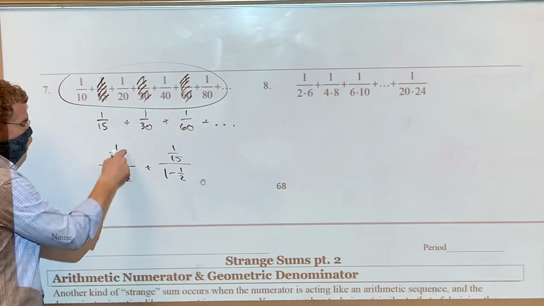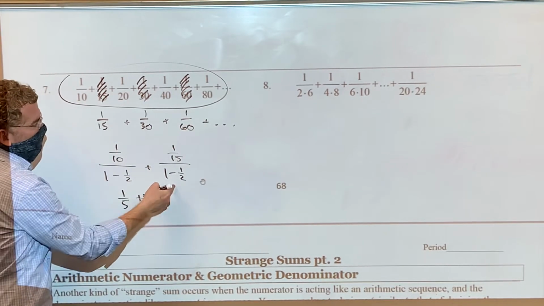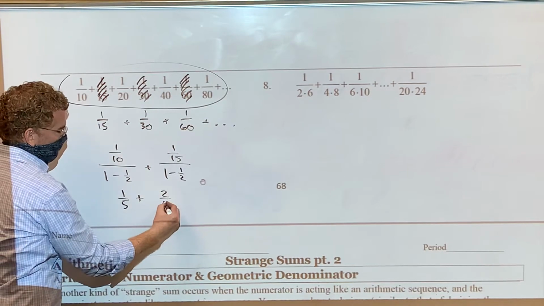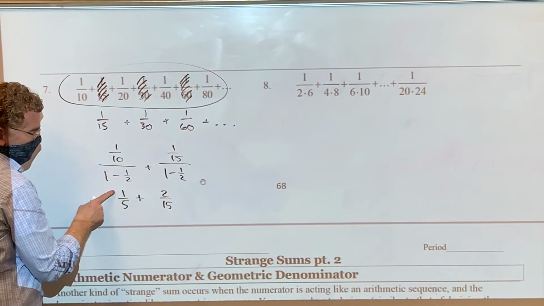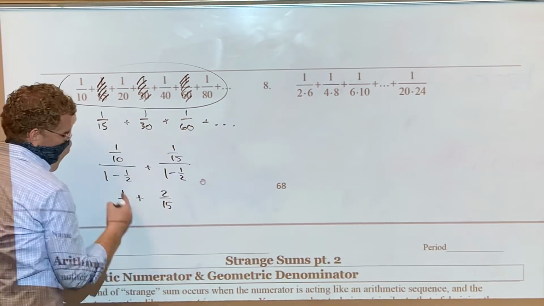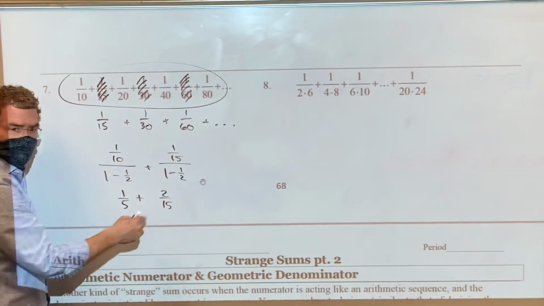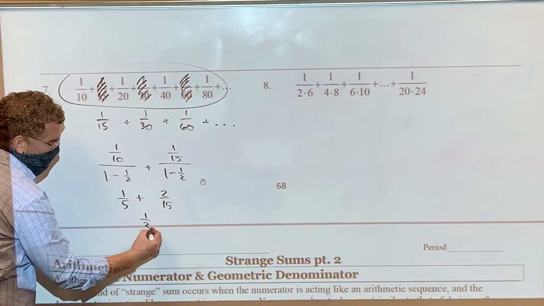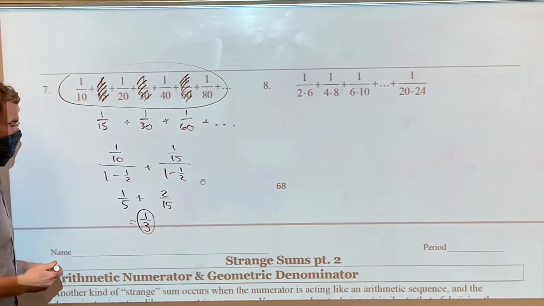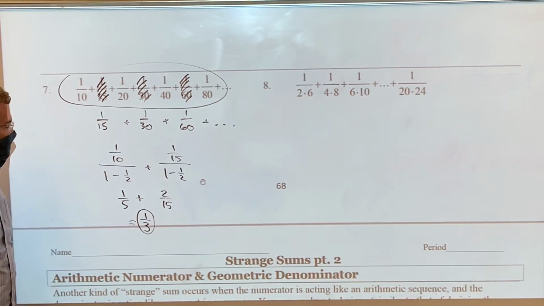That ends up being a 1/2, so this whole thing ends up being a 1/5. That ends up being a 2/15. And when I do the math on this, I get 3/15 plus 2/15 is 5/15, which is a third when all is said and done. Is that right? Yes.